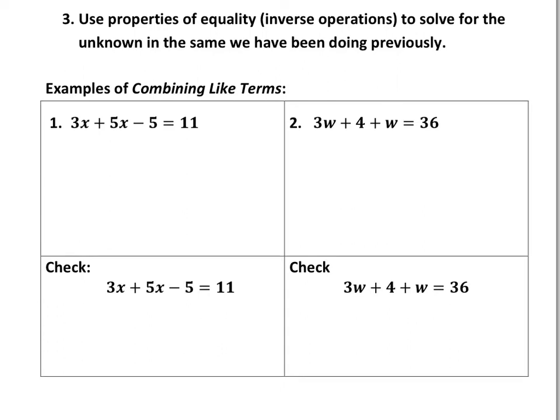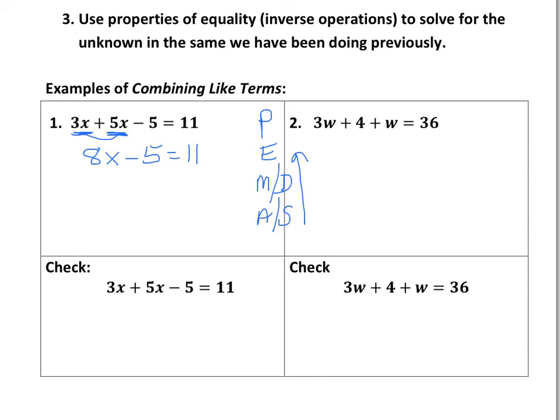The first example here, number 1, we have some like terms, 3x and 5x on one side here. So we're going to want to combine those. 3x plus 5x is 8x minus 5 equals 11. And now we're going to do the same thing we've been doing, following the order of operations from the bottom up.